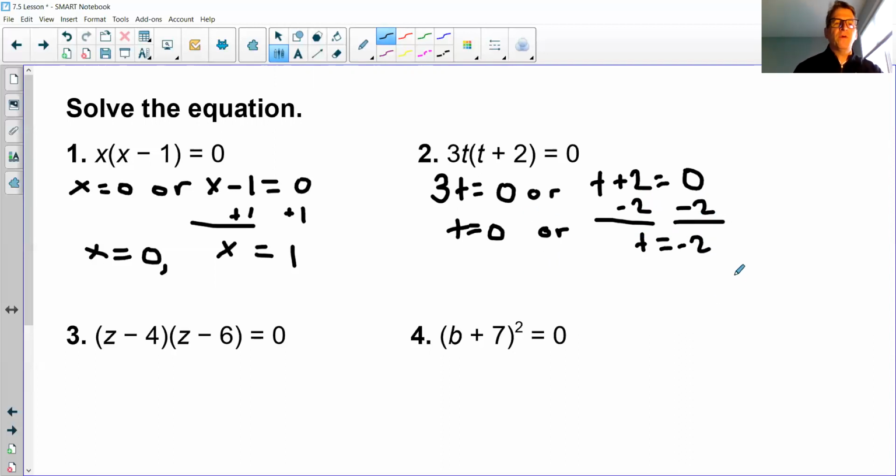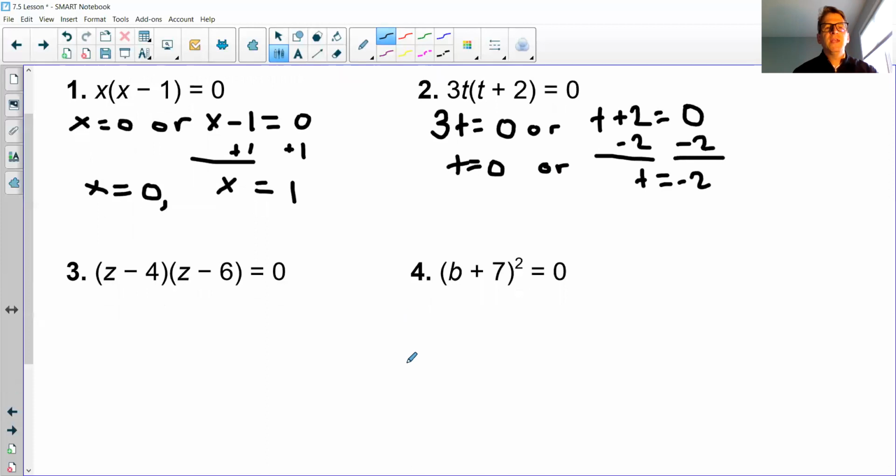All right, 3 and 4. z minus 4 times z minus 6 equals 0. What that's going to tell you is that z minus 4 is equal to 0, or z minus 6 is equal to 0.